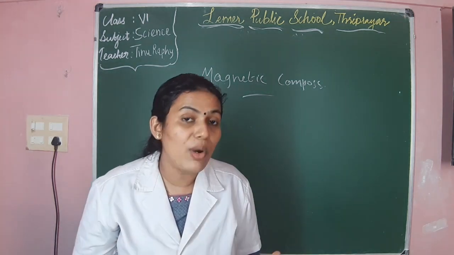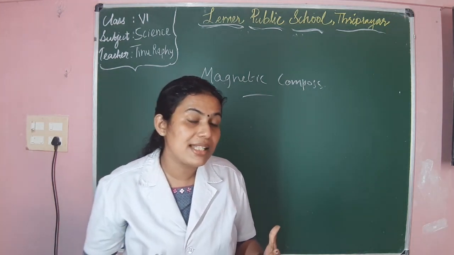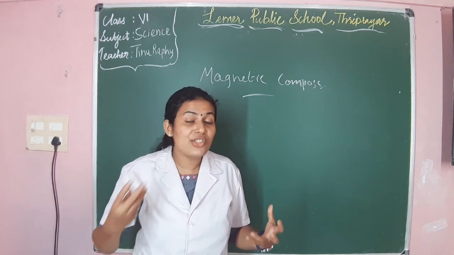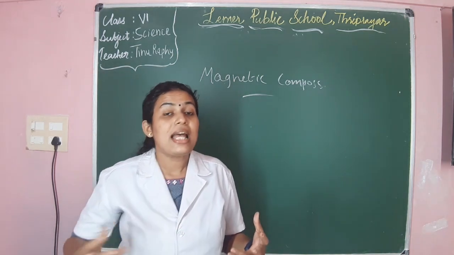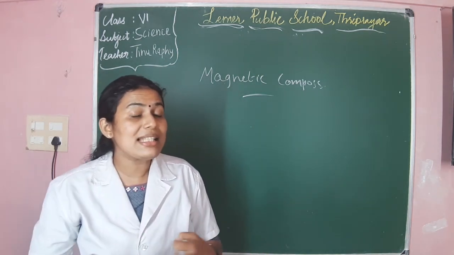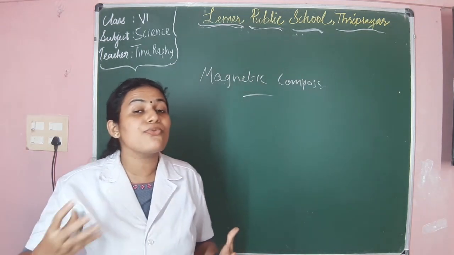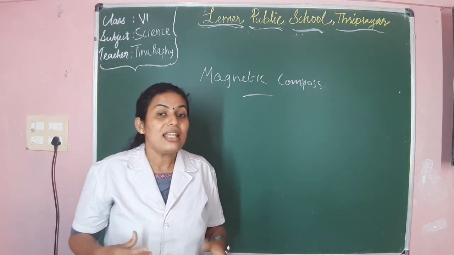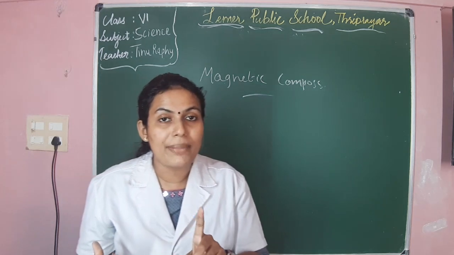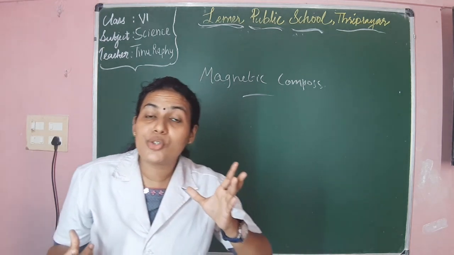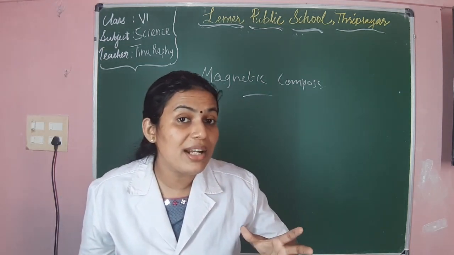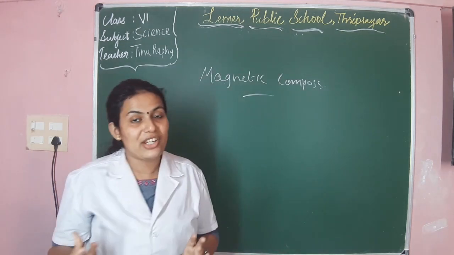That compass is an instrument, a magnetic compass, used to find direction, isn't it? The needle of the magnetic compass always faces which direction? Yes, the north direction, isn't it?